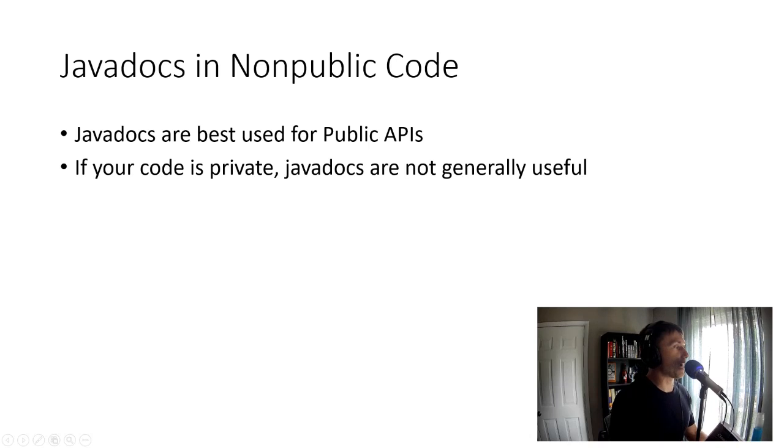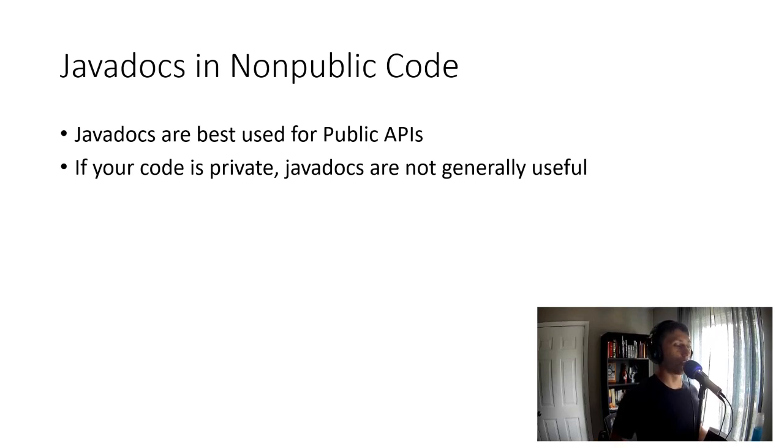For public APIs, Javadocs go well because a whole bunch of people across the country, across the world are going to be using those methods. But in your code that is private, Javadocs are generally not very useful. Again, they clutter up the code base. There are better ways to let your team or users know what the class is doing, namely by just naming things a little bit better.